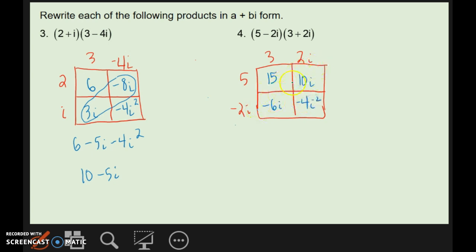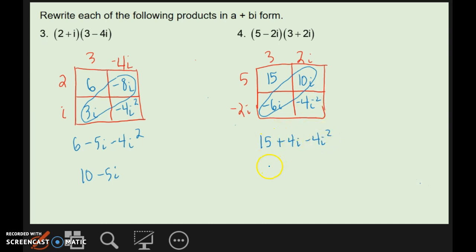Again, along the diagonal right here, I've got my like terms. So starting this off, I'm going to have 15 plus 4i, and then minus 4i squared, which again, we know will turn into a positive 4 because of the i squared becoming negative 1.